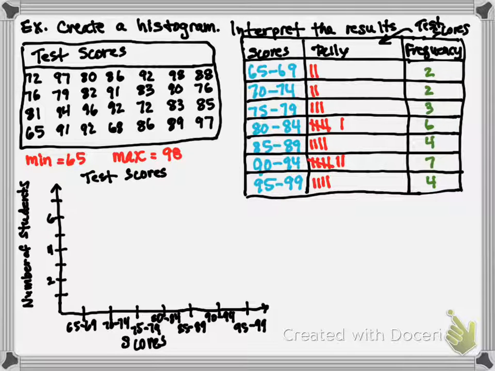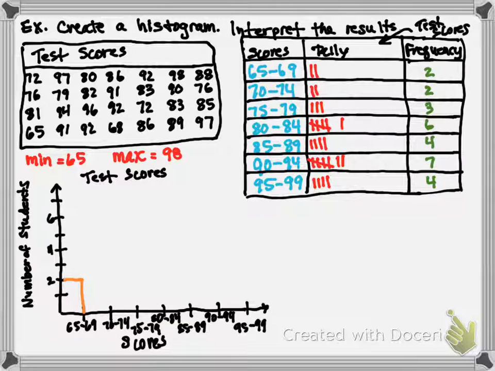So for the first one, 65, we went up to 2. And then in the 70s, we're also at 2, 70 to 74. And those bars should be the same width. And then we've got, actually, let's do this a different way. We'll just do it this way. There's our first bar.